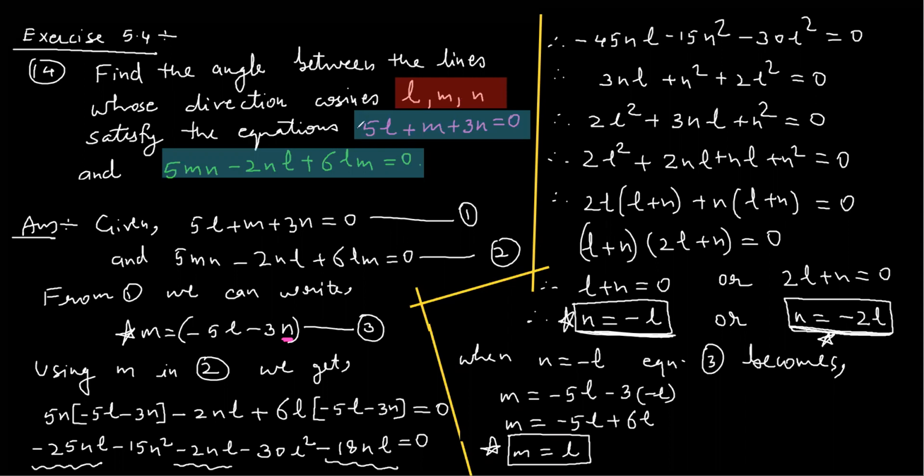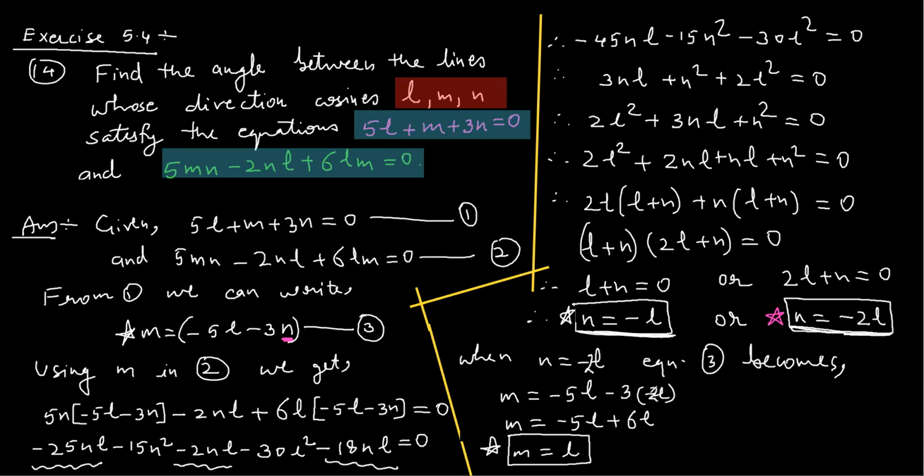Actually, I committed a mistake, I realized this. My apology for that. Instead of taking this one first, I'm taking this case first when n is equal to minus 2L. So here I write using n equals to minus 2L in equation 3.